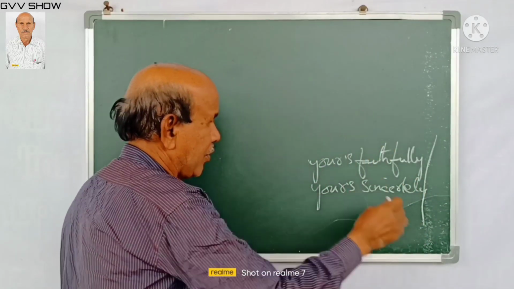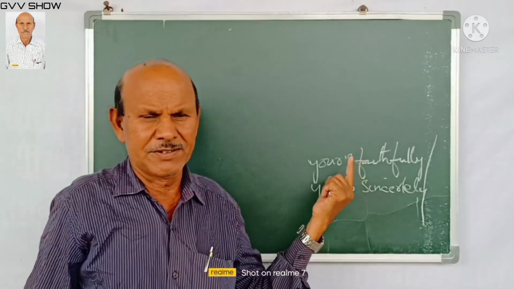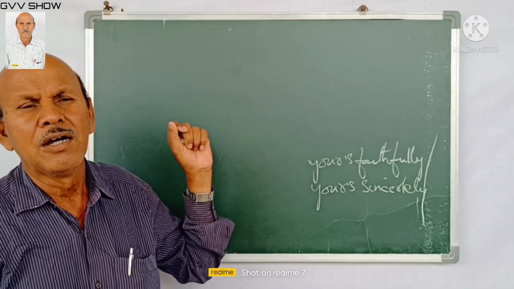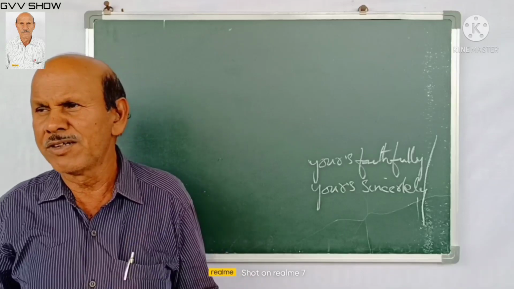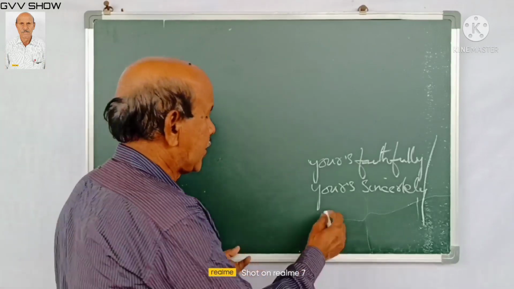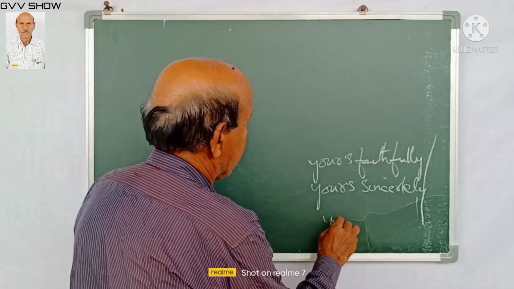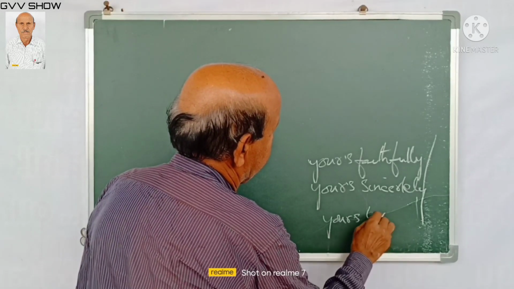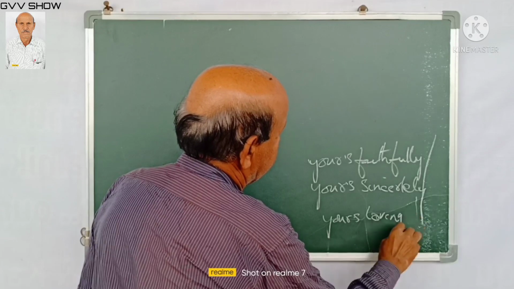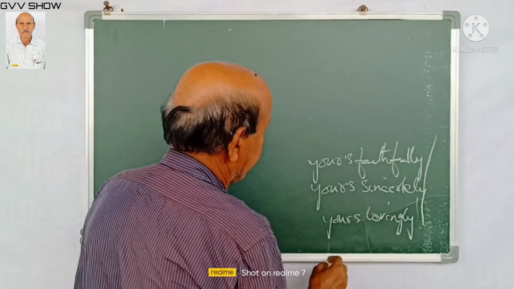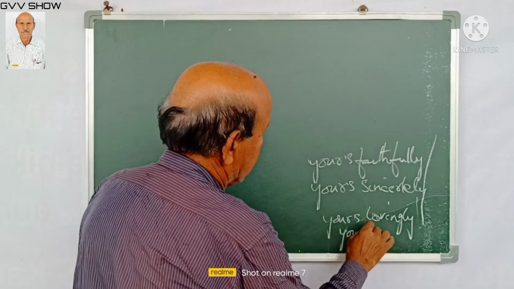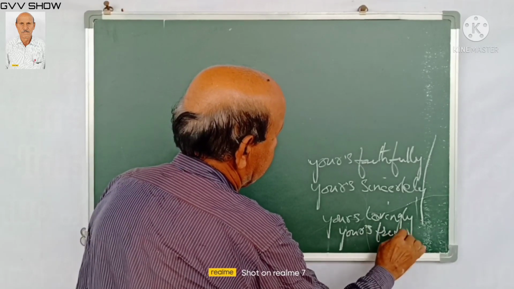Yours sincerely. So these are official letters, official conclusion. When you write to your parents, your family members, your friends, you write like this: yours lovingly, yours friend.